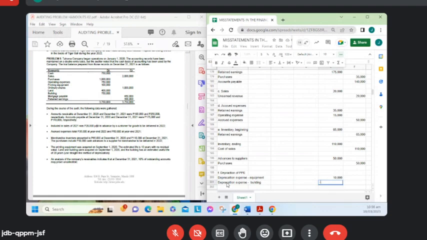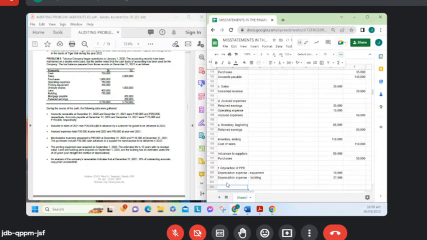For the building, it's 750,000 pesos divided by 20 years, no? So that's for the year.